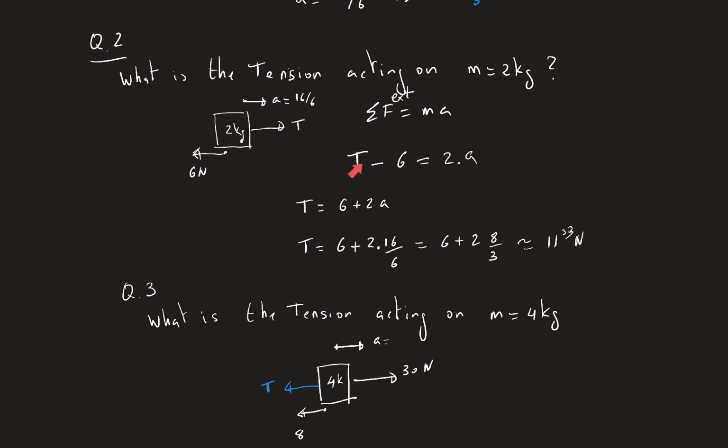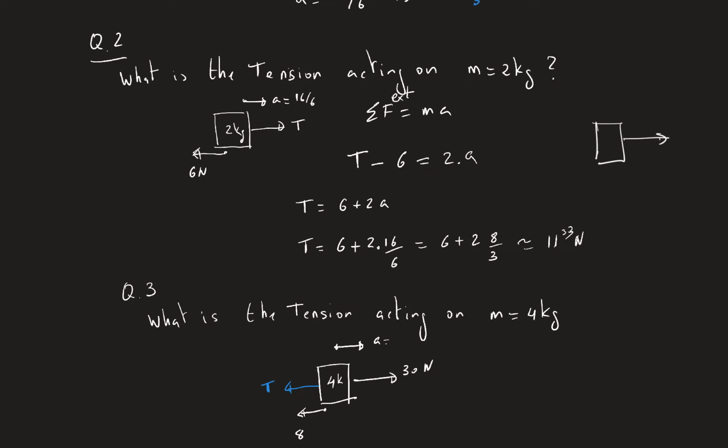You solve for T, you pass minus 6 to the other side as plus 6, and you know that the A we already found in question 1, 8 divided by 3 or 16 divided by 6. You make the calculation, it will be 11.33 newtons. So the body of 2 kilograms has two forces.